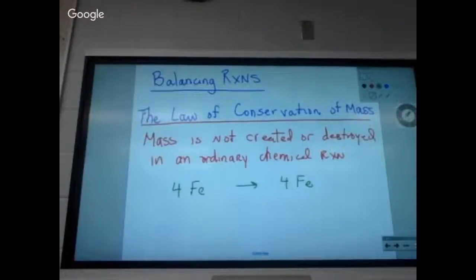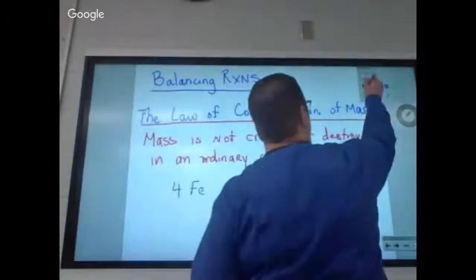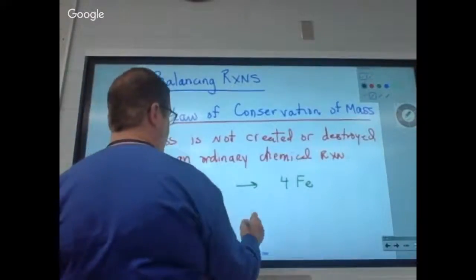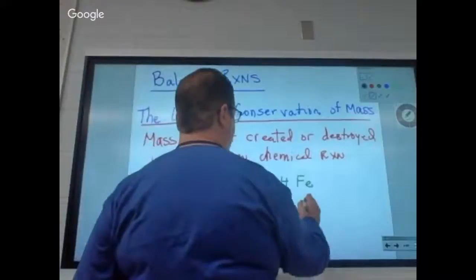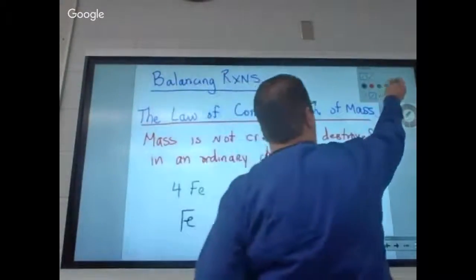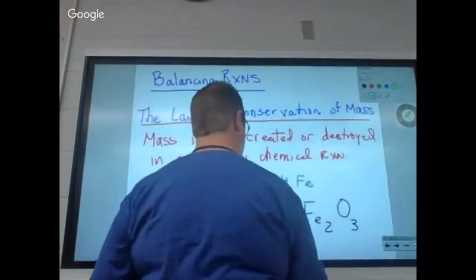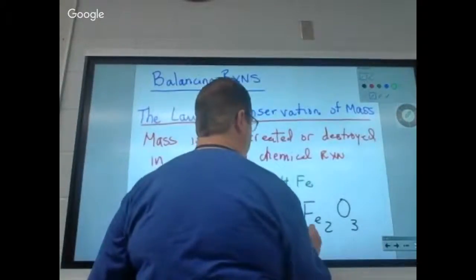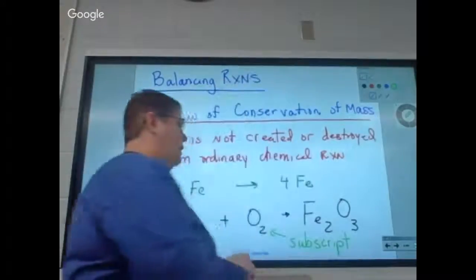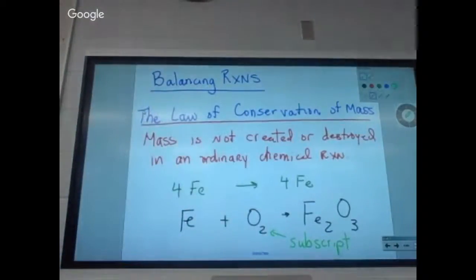So, in a balanced equation, the equation I wrote up here yesterday was Fe plus O2 goes to Fe2O3. Now, this has a name, and it's called a subscript. Somebody tell me what a subscript tells us.